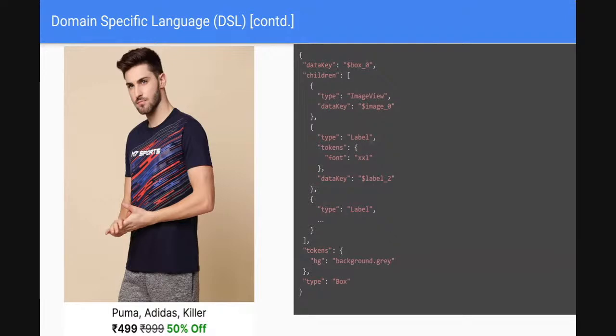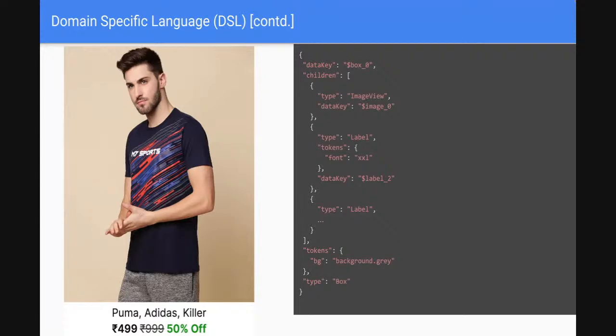Now we are saying that this label has some design tokens. We call these tokens. Tokens are nothing but, you can assume them to be properties or props of your React component. So we are saying that the design tokens of this particular label atom is, say, font, and I'm defining it as per our design language that we have defined, that font is XXL in this case.